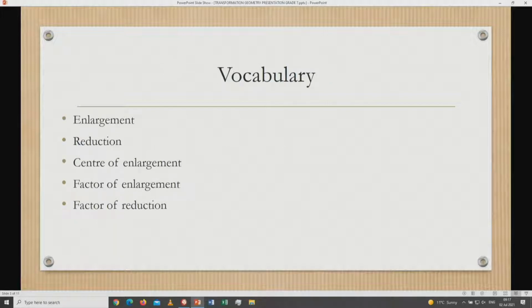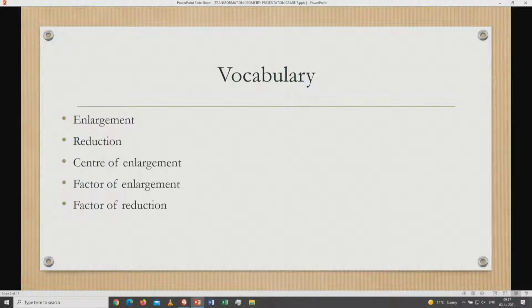The vocabulary that we are going to be faced with under this subtopic will be: we are going to explain what is enlargement, what is reduction, what is meant when we say center of enlargement, factor of enlargement, and factor of reduction. Those are words that we are going to come across a lot.